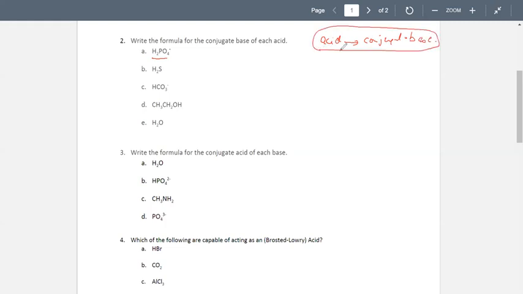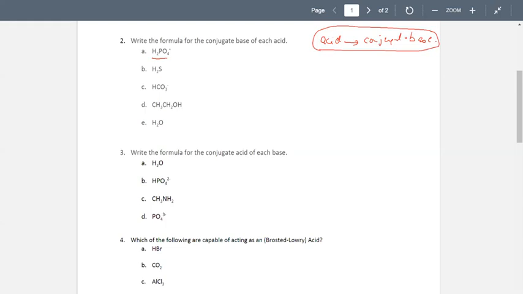This is the Bronsted-Lowry theory, right? Is this clear? So to become a conjugate base, this has to donate a proton, correct? Yes, you are right, but do you think there has to be a charge or no? Positive charge?